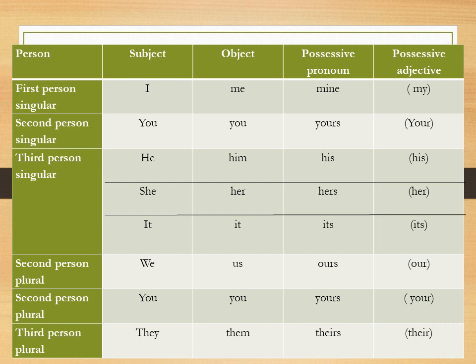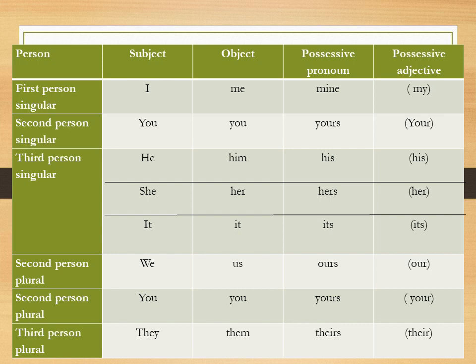Then third person singular, he, the object is him, the possessive pronoun is his, and the possessive adjective is also his. For she, the object is her, the possessive pronoun is hers, and the possessive adjective is her. For it, the possessive pronoun is its, and the possessive adjective is also its.